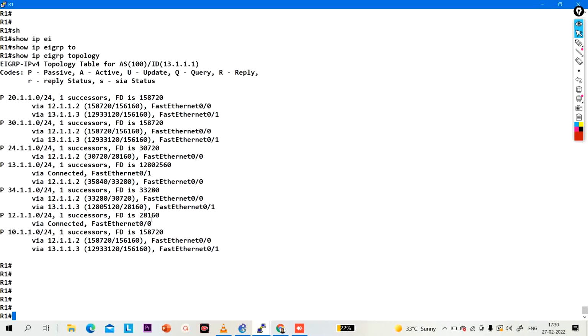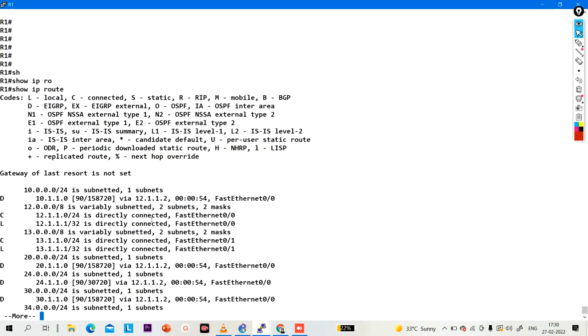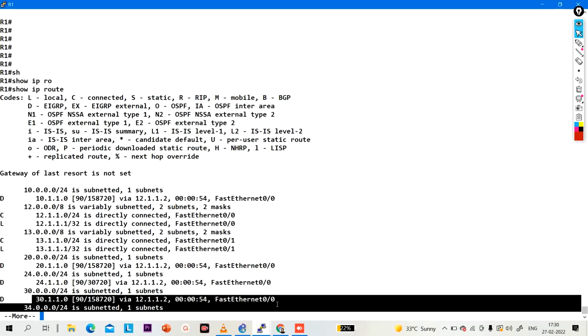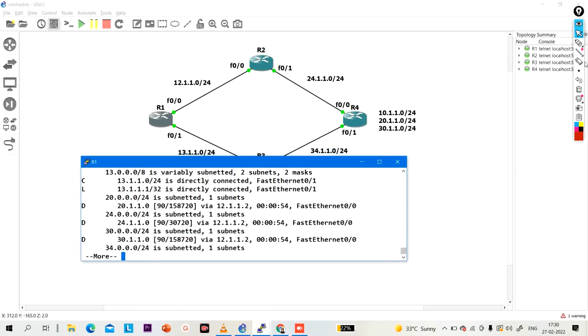So now this router is not performing load balancing. Show IP route: there is only one path in the routing table for the 10 network, 20 network, and 30 network, right? So always keep in mind, by default an EIGRP router will perform only equal cost load balancing. Now my question is, now cost is unequal.